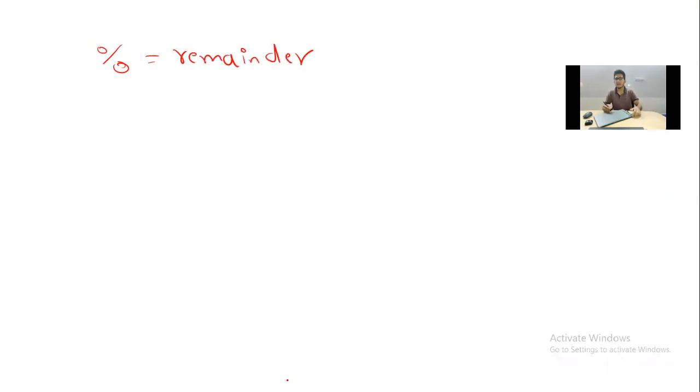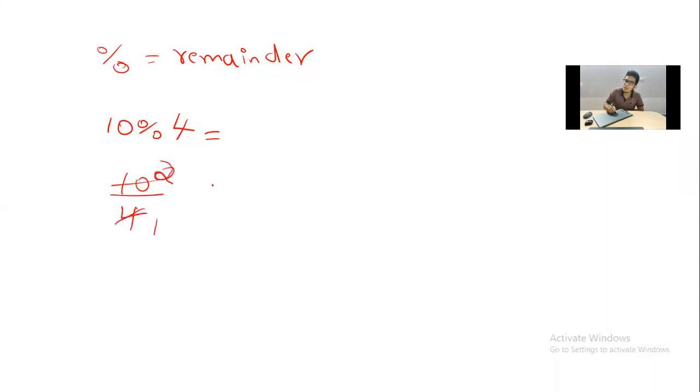For example, if I say 10 modulus 4, what is the remainder here? I hope all of you know this remainder concept. You have to do 10 divided by 4. 4 ones are 4, 4 twos are 8.